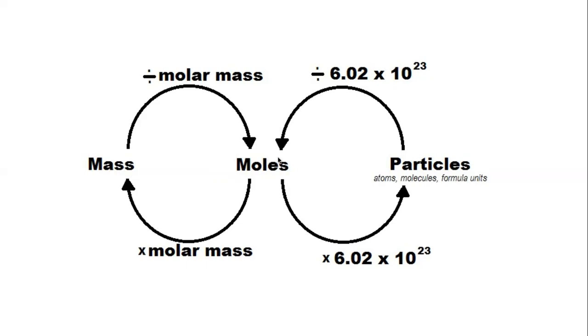If we have moles and we want to get to how many particles or atoms are in a mole, we're going to multiply by 6.02 times 10 to the 23, which is Avogadro's number. And if we have particles and we want to get to moles, we're going to divide.